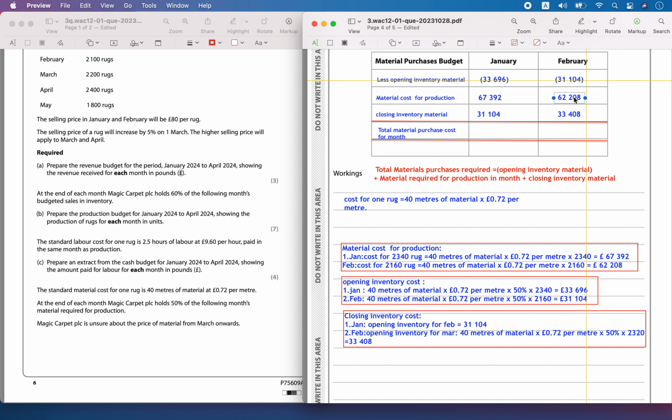Now let's add up: minus opening inventory plus material cost of production plus the closing inventory is going to be equal to the material purchases, the total material cost that needs to be purchased. So that is minus 33696 plus 67392 plus 31104, which is 64800.